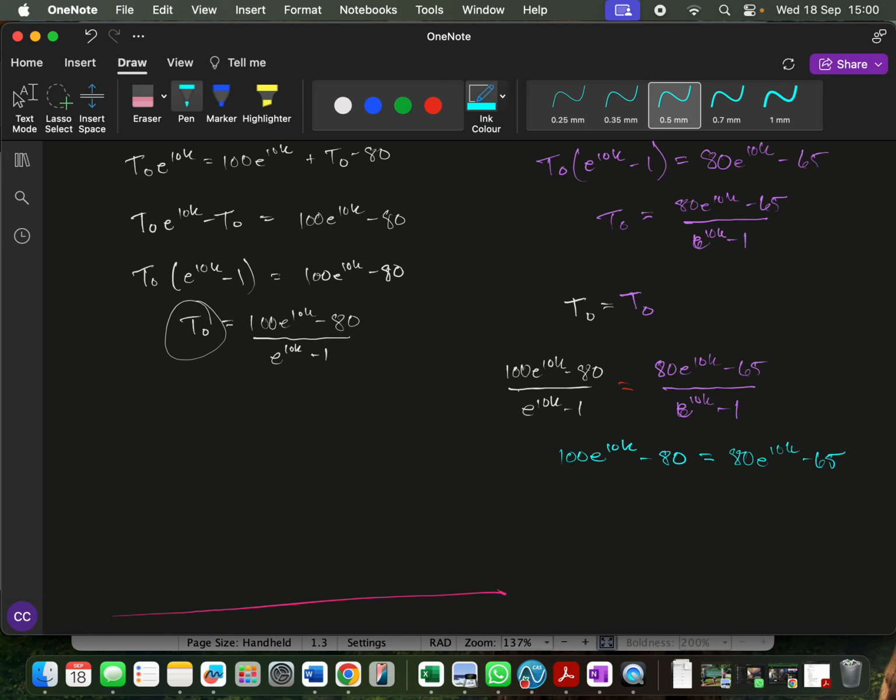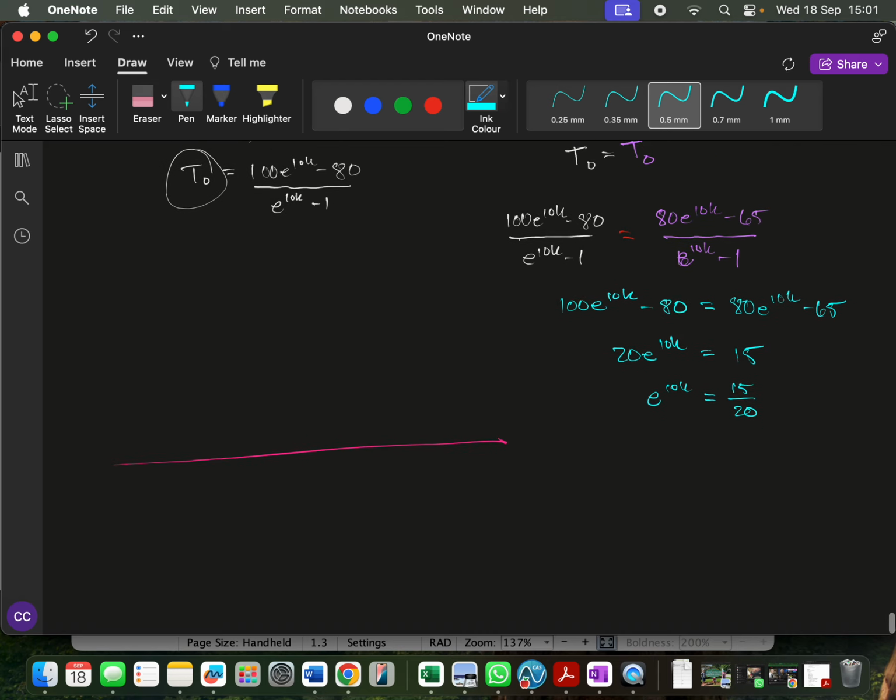If I move that over, I'd have 20 e to the 10K is the same as 15. So e to the 10K equals 15 20ths, or e to the 10K equals 3/4.